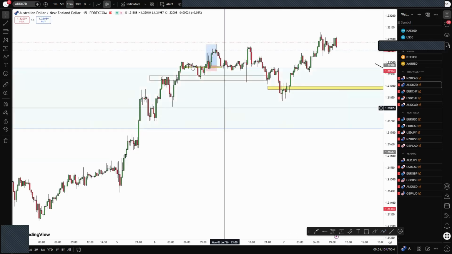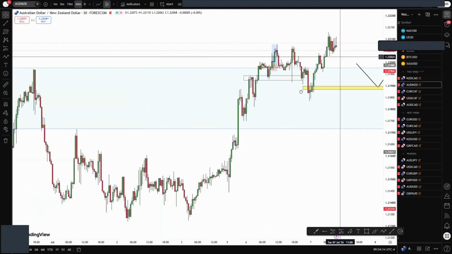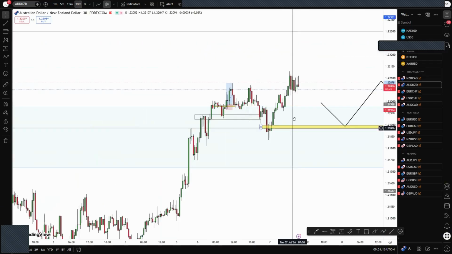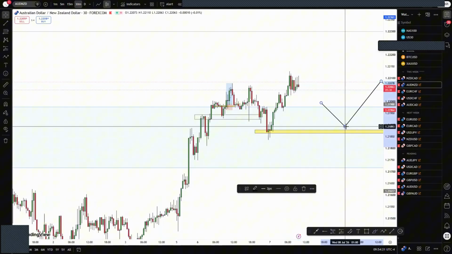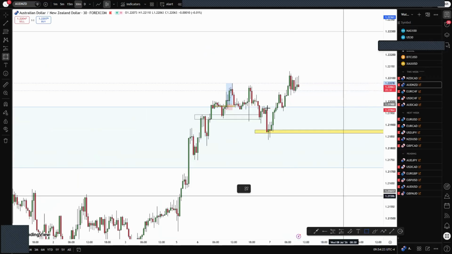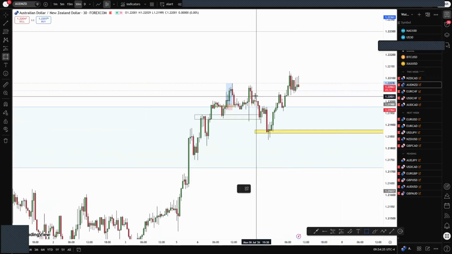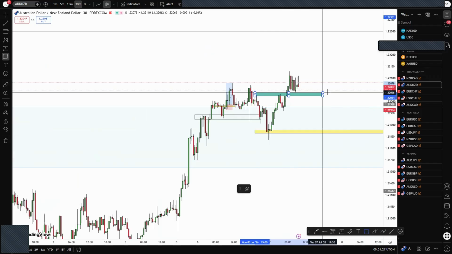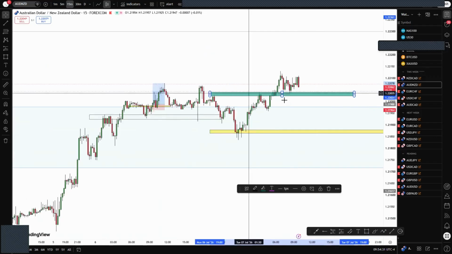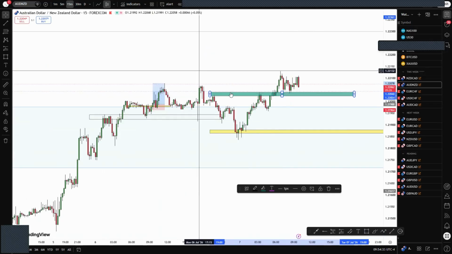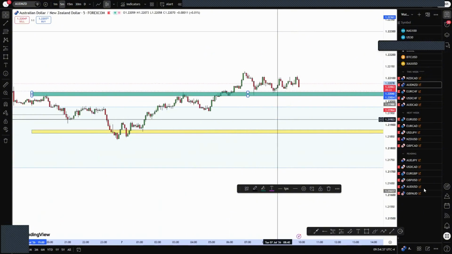AUDNZD, right? 30 minutes is bullish. The weekly is bullish. The 15 minutes is also bullish.